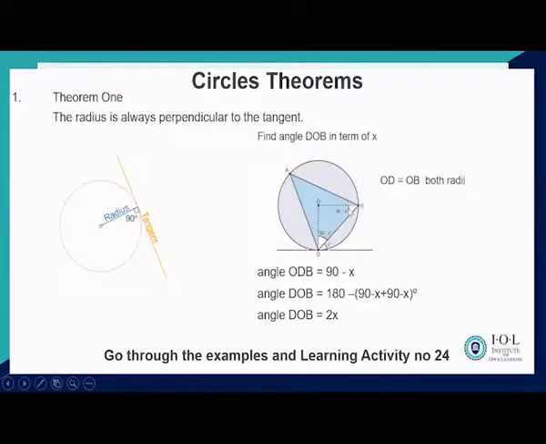Now the other one will also be 90 minus x because we have an isosceles triangle. The radius OB is a radius, OD also a radius, so they're equal. So we have an isosceles triangle. So angle DOB will be 2x: 180 minus the other two will give you angle DOB. This is the type of questions that you can expect in the exam. You have to figure it out step by step from one theorem to the next.